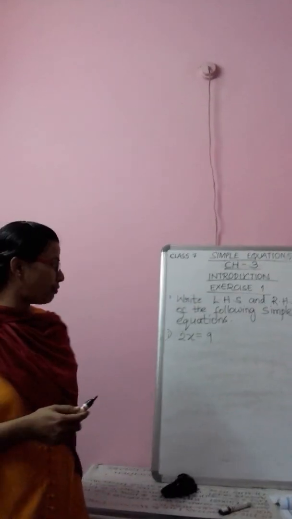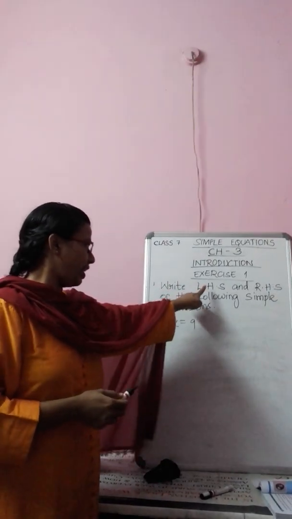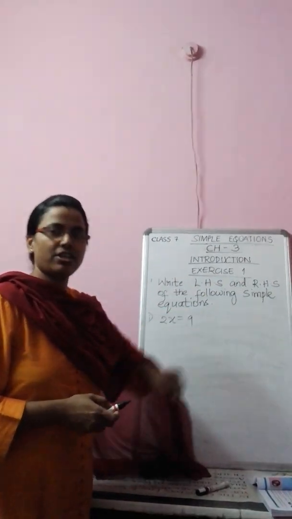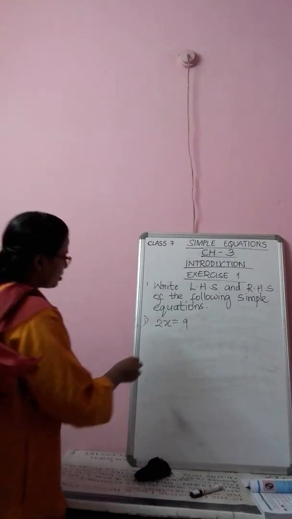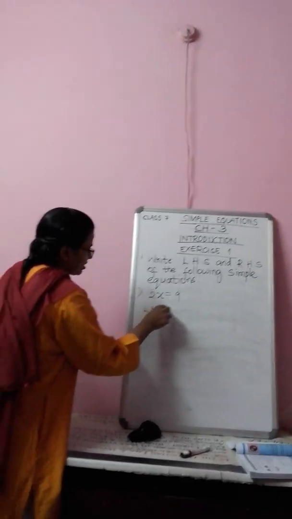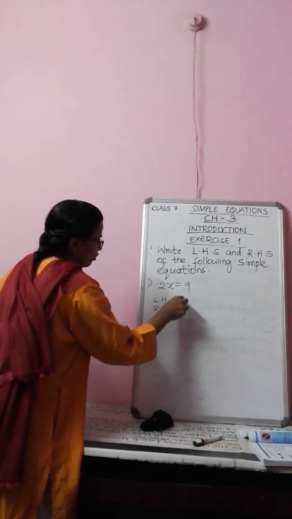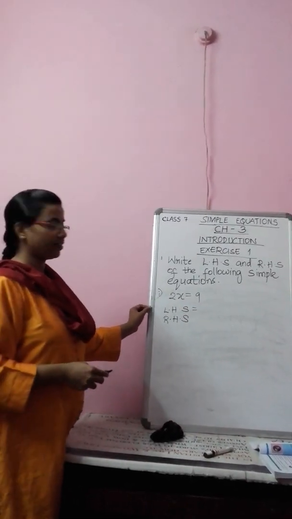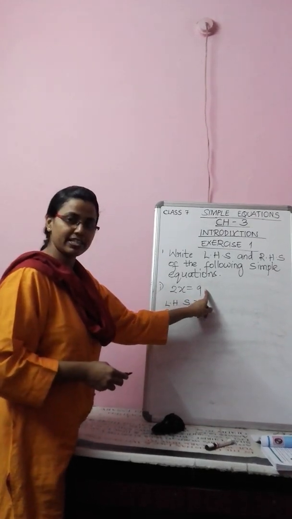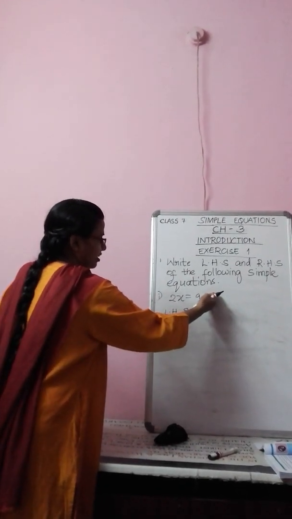What did they ask you to find out? Write L.H.S and R.H.S. So what we are going to do is, we will first write here L.H.S, R.H.S. Now L.H.S is equal to what? Which one is this L.H.S? Is it to the left side?